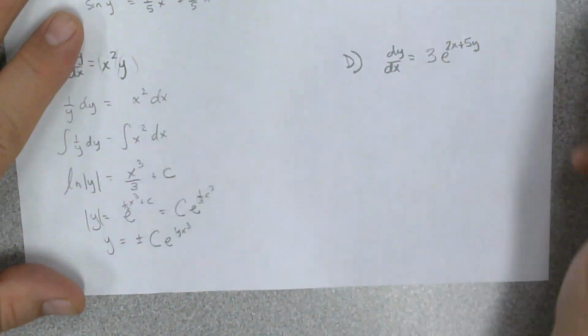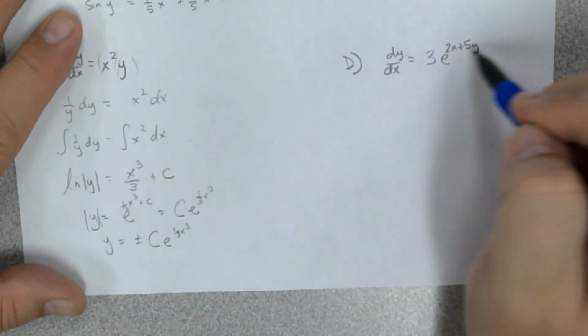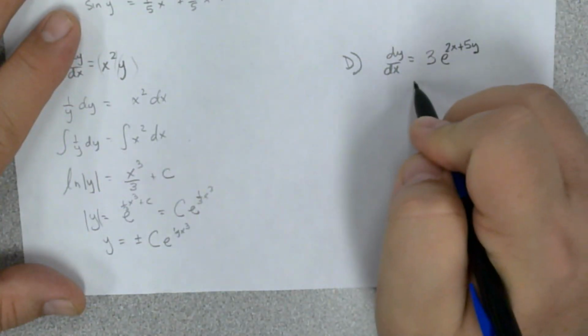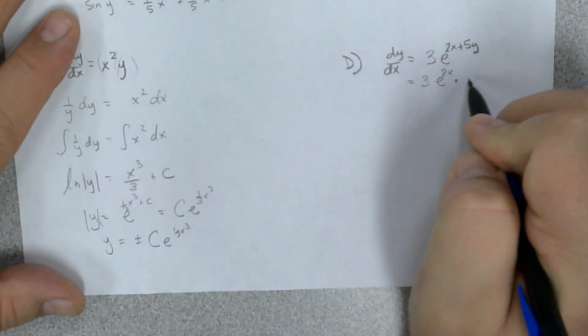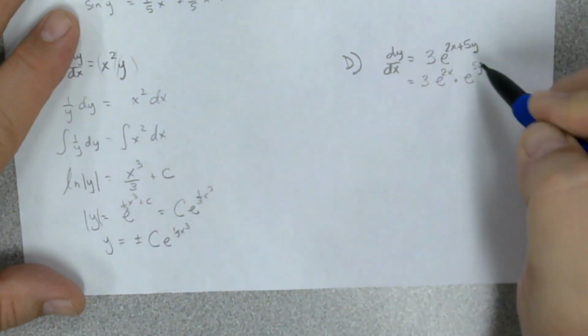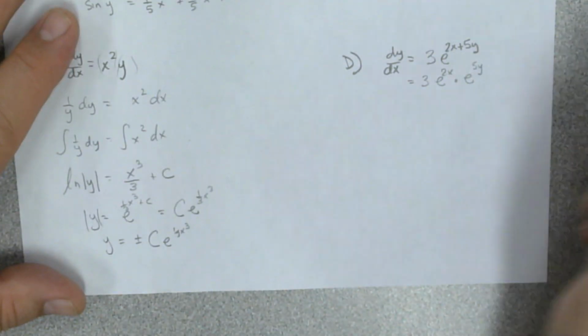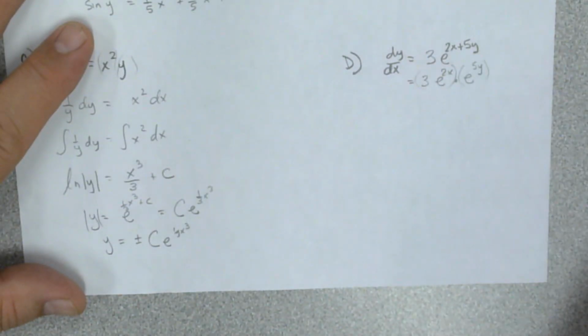So this one is a little bit more interesting. I have to separate the x's and the y, and you can see that they're up in the exponent. But I've already showed you how you can do that split. Remember, this is just simply a 3 e to the 2x times e to the 5y, because you add exponents, and that's what we did up there. So there is the y, and there is my x stuff.